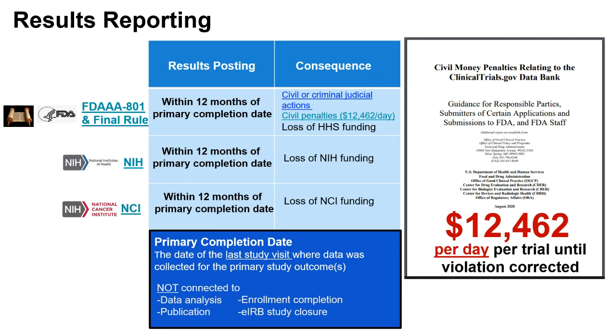Consequences of non-compliance include civil money penalties and loss of funding. There is one caveat for NCI-supported trials. You have an option to publish trial results in a peer-reviewed scientific journal within 12 months of trial primary completion date instead of reporting results in ct.gov. And with that, I'll now go over the Q&A part.